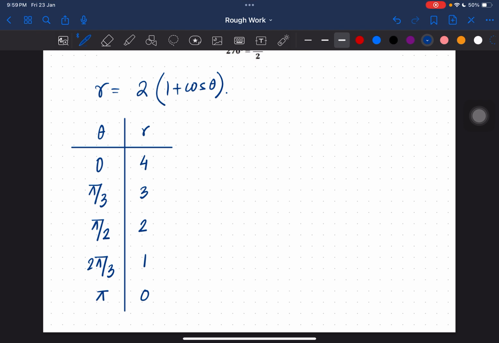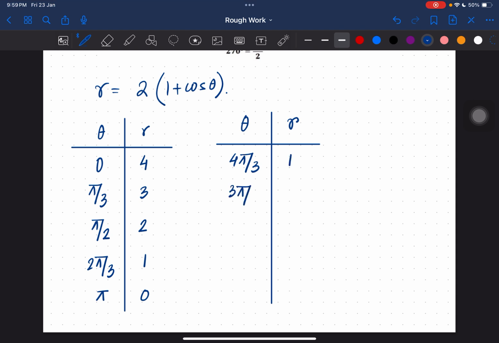Let us take a few more values. After pi, we can take 4 pi by 3. The cos value is negative half, so 1 minus half is again half, and half of 2 is 1. Then we can take 3 pi by 2.